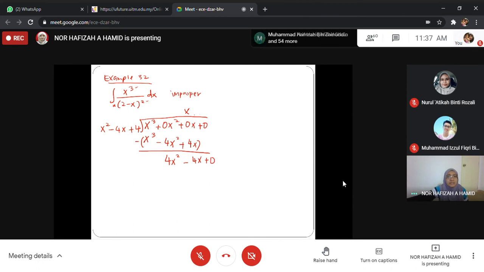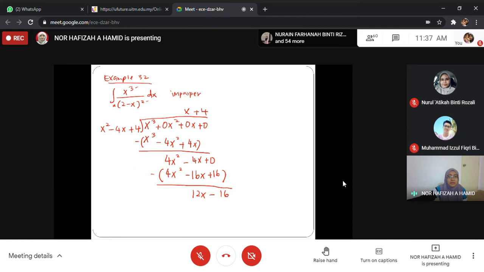Okay, so multiply by positive 4. So you have 4x squared minus 16x plus 16. Then you subtract, and the remainder is equal to 12x minus 16.